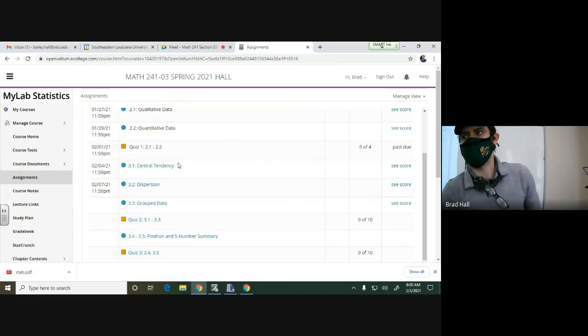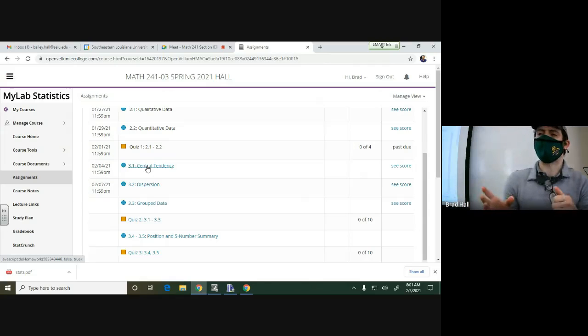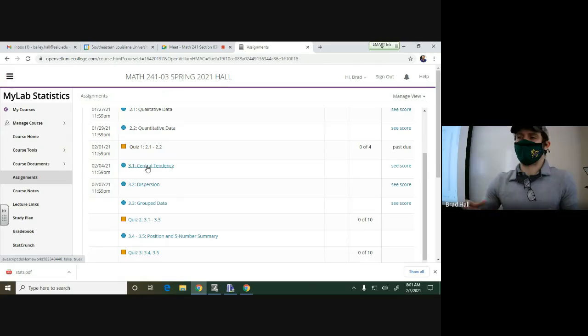Central tendency, I just went ahead and pushed it back a day. It was due tonight. Central tendency is going to be due tomorrow. Some of the problems are a little bit more engaged as we slowly start to transition from really conceptual ideas to more numerical problems that require us to put things in a calculator, for example.